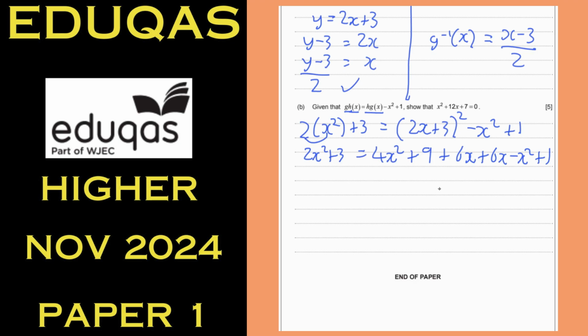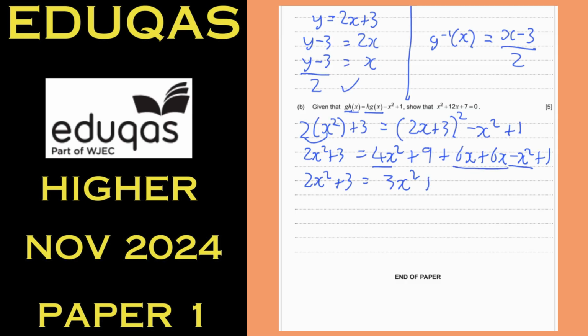Let's collect like terms on the left. Well, there's nothing to do. And on the right, there's our x terms. Whoops, sorry. Forgot about the minus x squared. Because we've got 4x squared, take away 1x squared, leaves us with 3 of them.